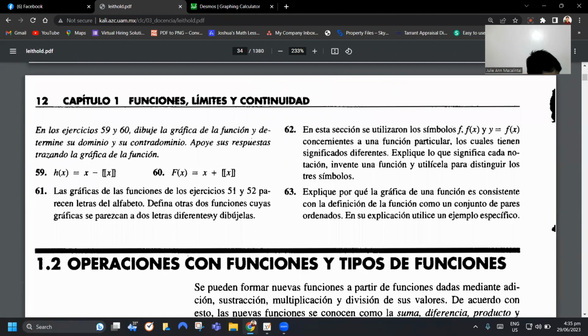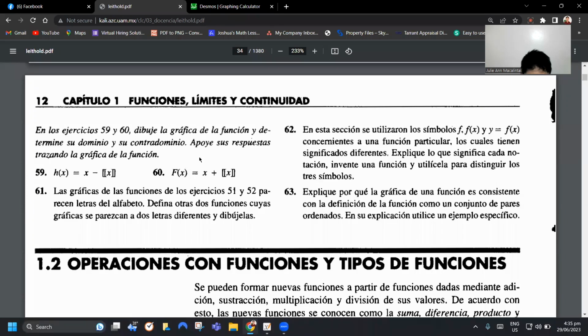In the exercise 9-60, sketch the graph of the function and determine its domain and range. And then support your answer by plotting the graph of the function.